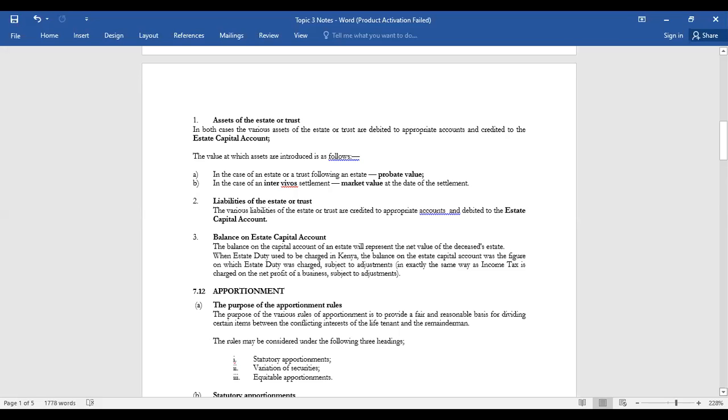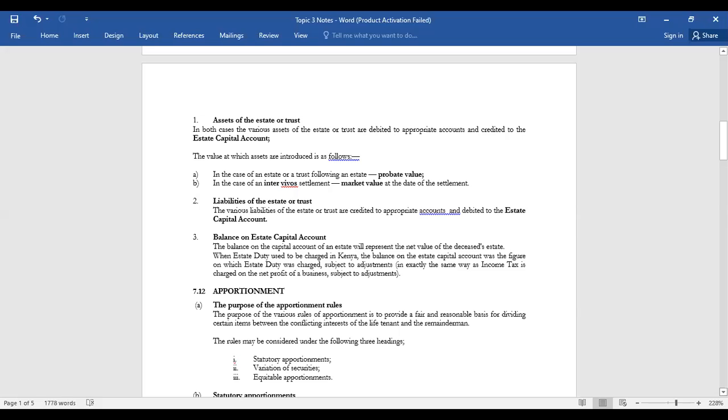If at death the property is valued at 5 million, we will not take that. What we'll be reflecting is the market value, because that property was inter vivos. Are we there? And this person will not be paying the probate taxes, because they were not part of the testator's estate at death.